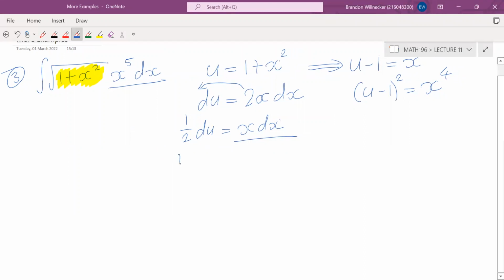So on the left-hand side, I'm going to multiply by u minus 1 squared. And on the right-hand side, I'm going to multiply by x to the 4. Notice that the right-hand side now becomes x to the 5.